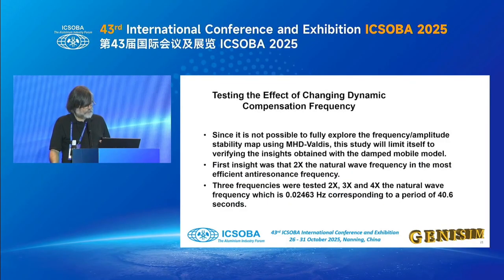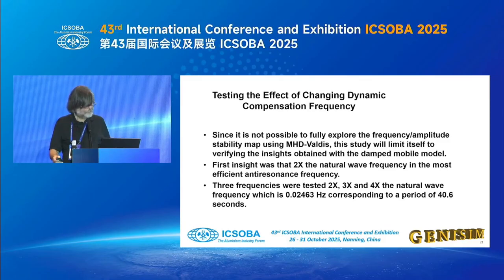Okay, so I will study 2x, 3x, 4x for the frequency. Right now at 10 kiloamps amplitude. No, not 10. Yes, 10. So it will go from 25 to 35 kiloamps in the compensation bus bar.